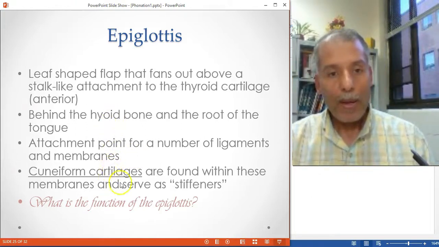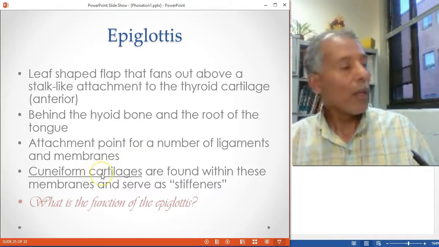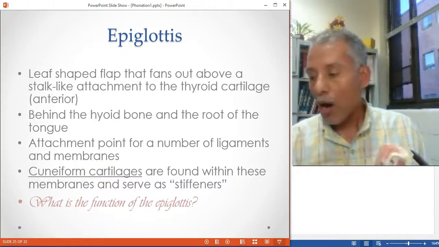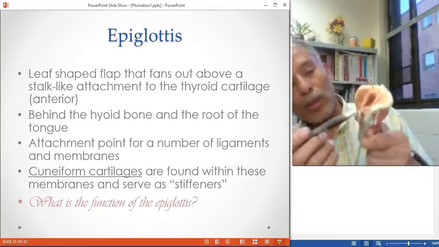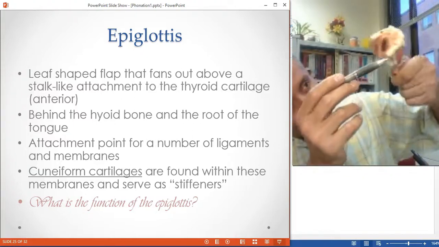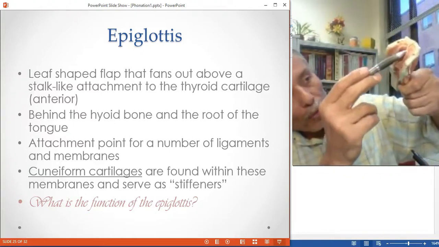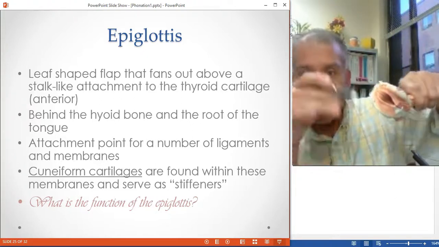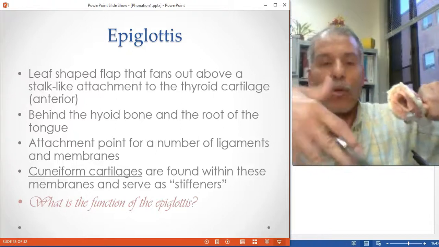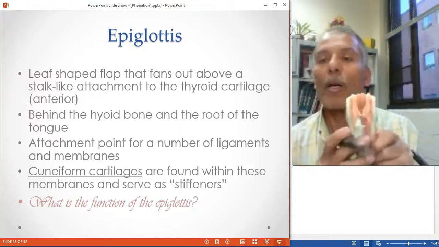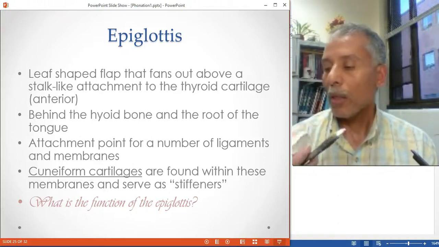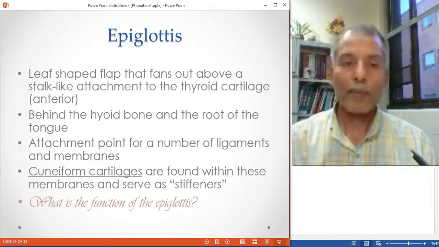And I explained to you that the cuneiform cartilages are in these locations here, and they serve to make the epiglottis rest on them, come in contact with them, and cover, so that you effectively close the laryngeal inlet.